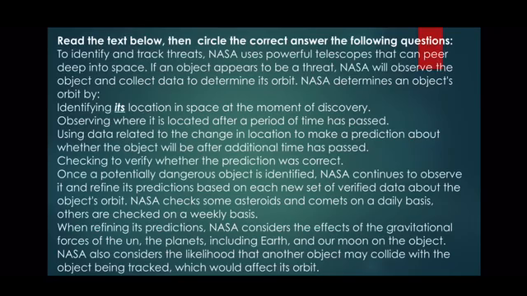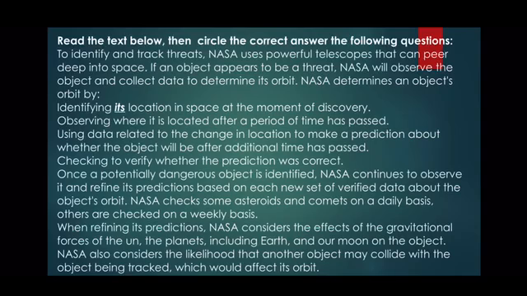NASA determines an object's orbit by identifying its location in space at the moment of discovery, observing where it is located after a period of time has passed, using data related to the change in location to make a prediction about where the object will be after additional time has passed, checking to verify whether the prediction was correct. Once a potentially dangerous object is identified, NASA continues to observe it and refine its predictions based on each new set of verified data about the object's orbit.